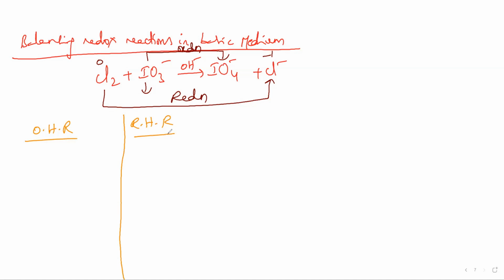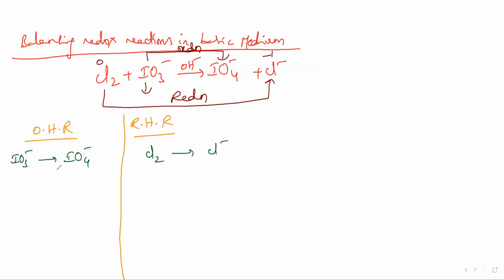What is the oxidation half reaction? Write down: IO3 minus gives rise to IO4 minus. Reduction: Cl2 gives rise to Cl minus.